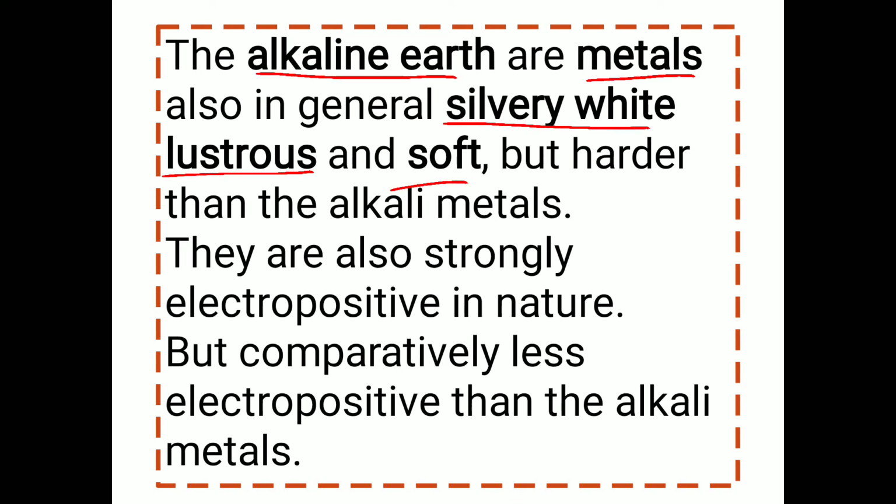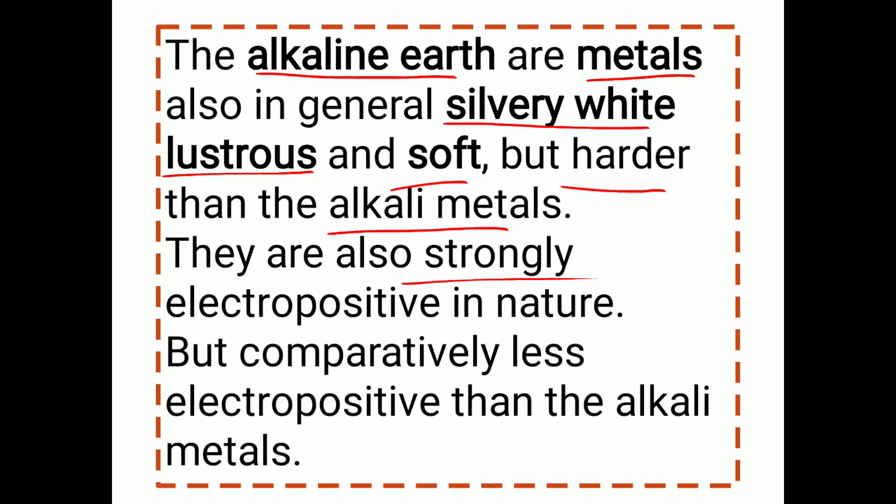Now the similarity between alkali metals and alkaline earth metals, that is group 1 and group 2 metals: both are silvery white in color and both are soft. But the difference is that group 2 elements, the alkaline earth metals, are harder than the alkali metals. That means when we compare group 1 and group 2 elements, group 1 elements are softer.